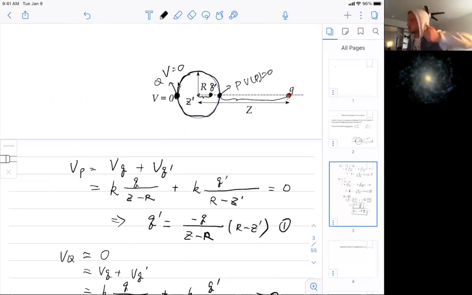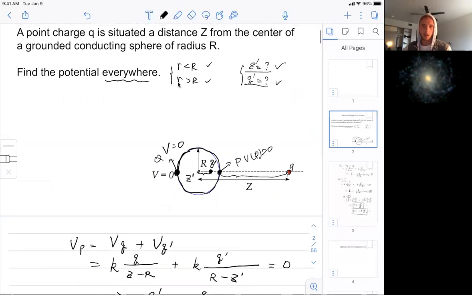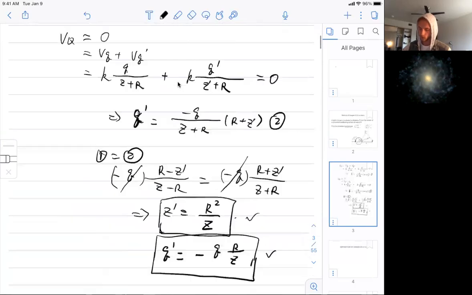After doing that, you are able to find the potential everywhere, right? Because the potential everywhere is, take a random point here. You simply need to put in the script R from here to here and the script R from here to here. So V at a random location can be calculated now.